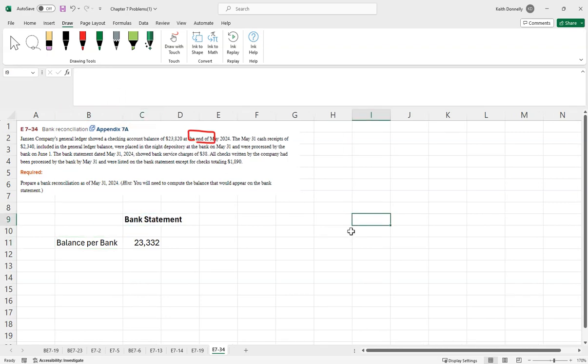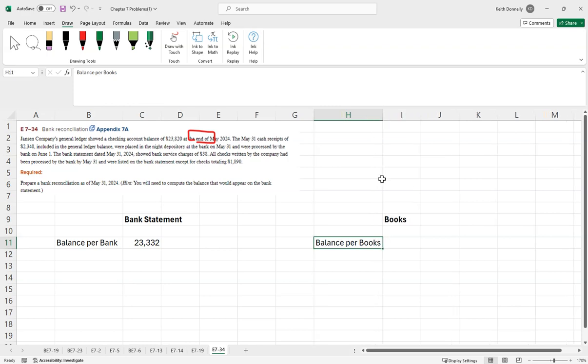However, we go to our books. We look at the T account, the ending balance there in cash, and our balance per books. They're telling us over here, let's see here.